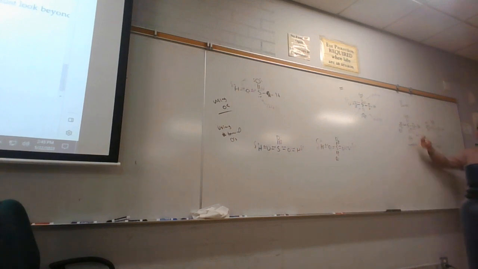We can also do the same thing with the terminal oxygens. Having two terminal oxygens will suck the electron cloud away from this oxygen, making it less intense, less basic.